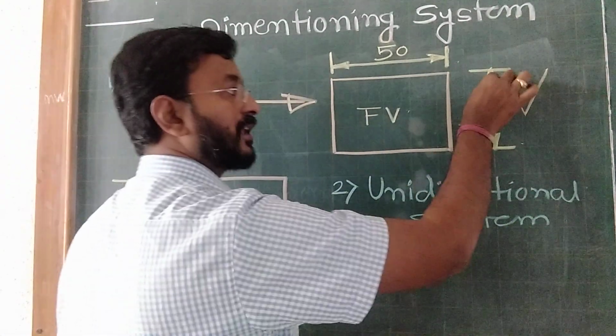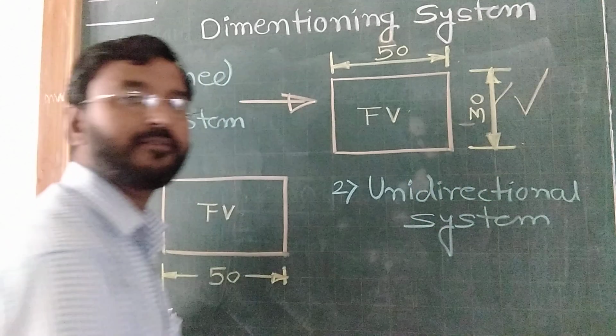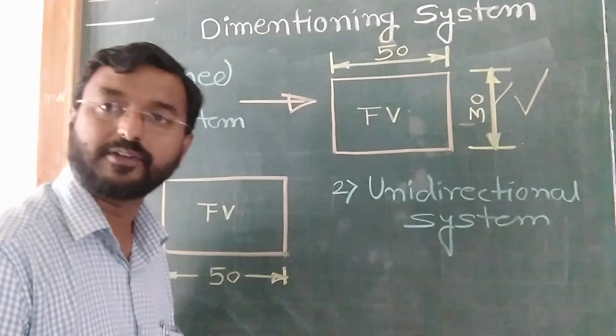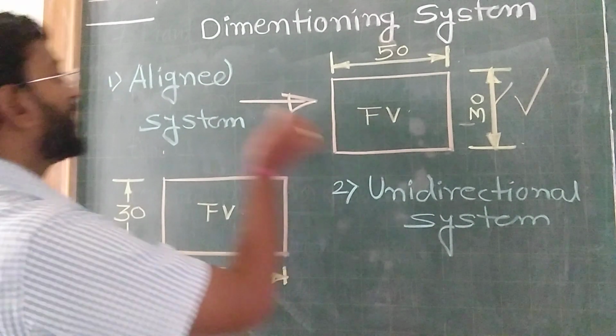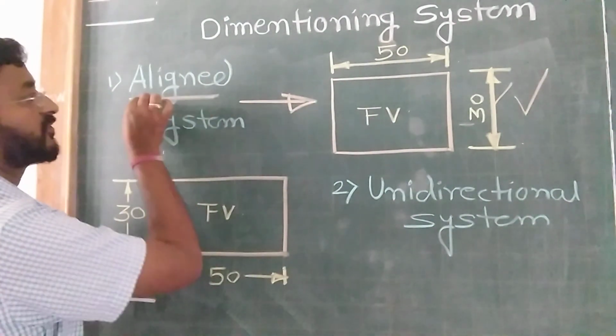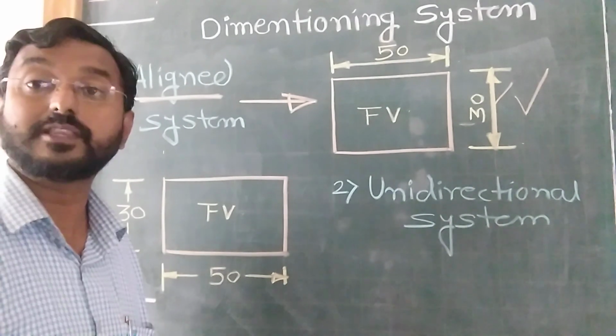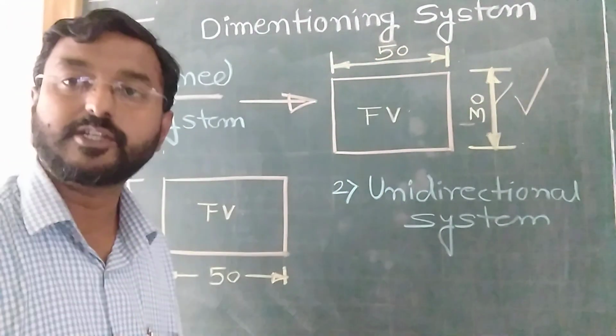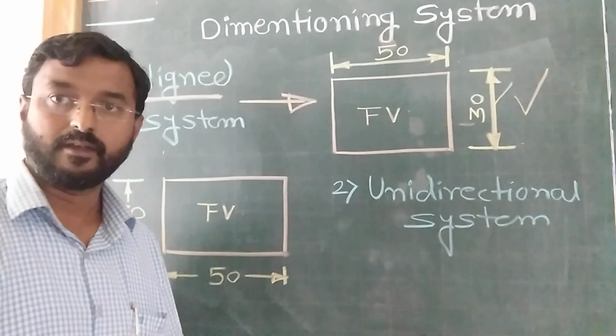That's why we call it the aligned system. It means that along the dimension line we place the digits or number.